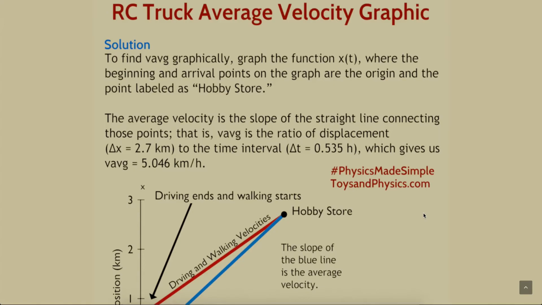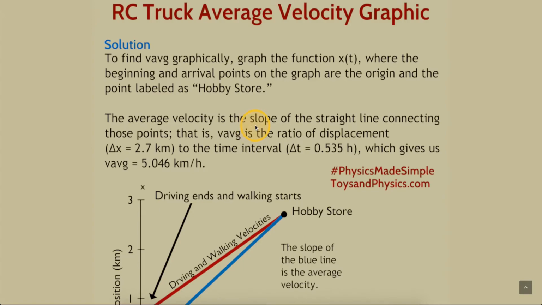But at the end of the day, what I want to say is that physically, in terms of position and displacement and velocity, the slope of the straight line in the graphic of position versus time represents the average velocity of the entire trip. Okay, so that's something important to know, because that's when math and physics connect, and math starts making more sense in physics terms. So I think that's important to mention here.